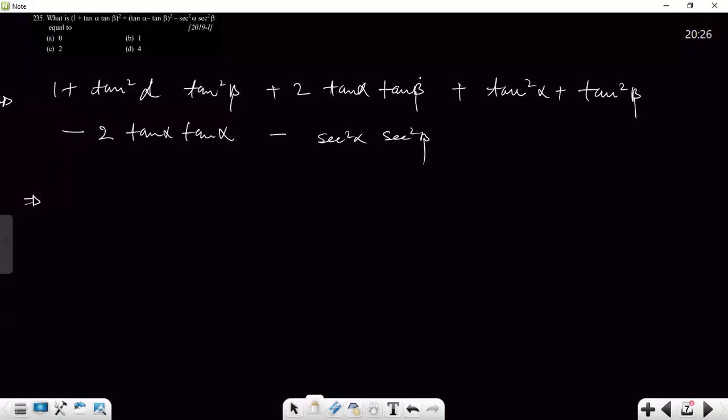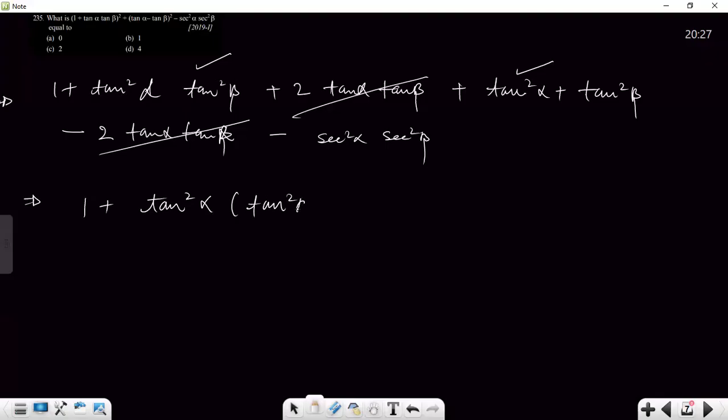So here we can see 2 tan alpha tan beta and minus 2 tan alpha tan beta cancel each other. Now we'll solve with what's left. We'll take common in this term and this term. What we can take common is tan square alpha. After taking tan square alpha common, what is left in this term is tan square beta, plus what is left here is nothing, plus tan square of beta.